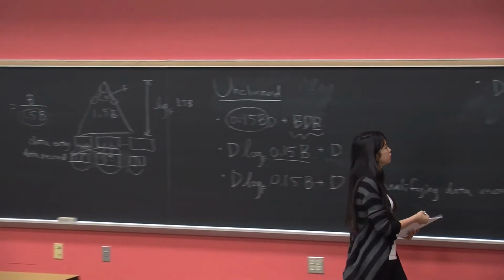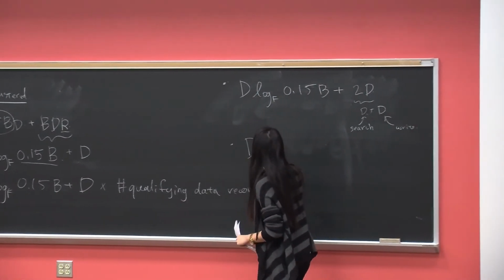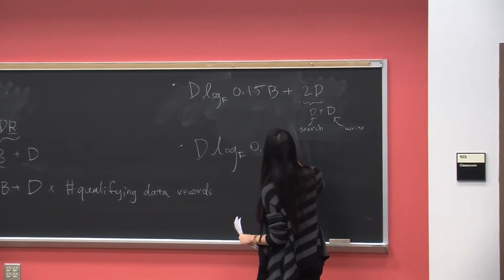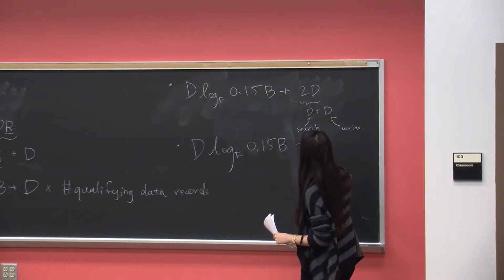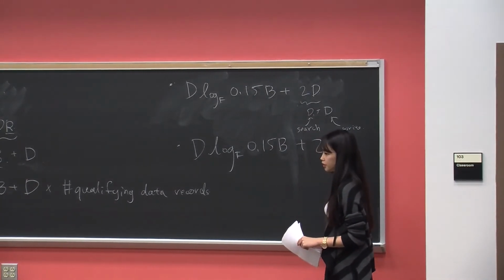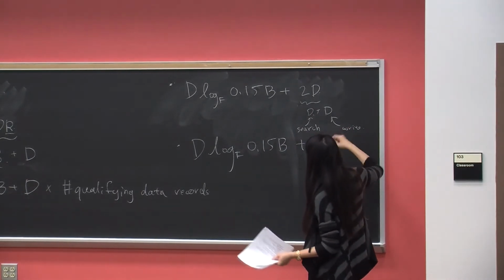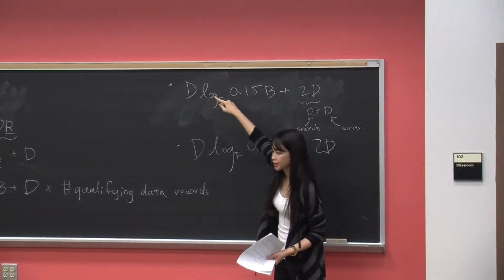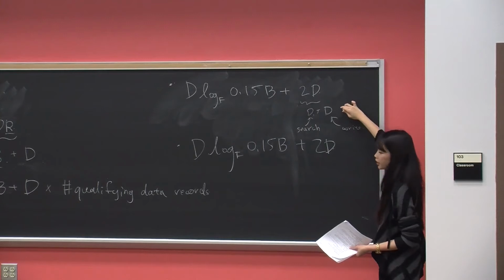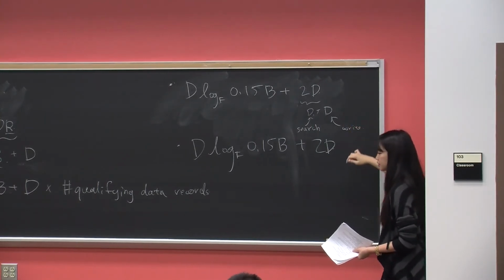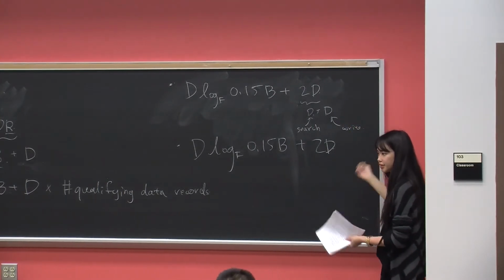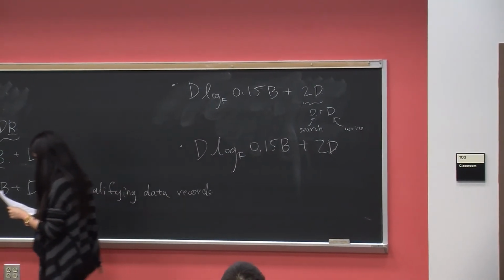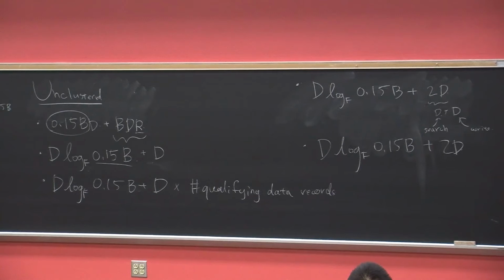So again, for deletion, it's also log base F of 0.15B plus 2. Just remember the D: one of the D is from this plus this, that's the search cost. And here is an IO cost for writing, and here is an IO cost for reading. So you can rewrite it again. Okay, so that's all for the cost analysis.